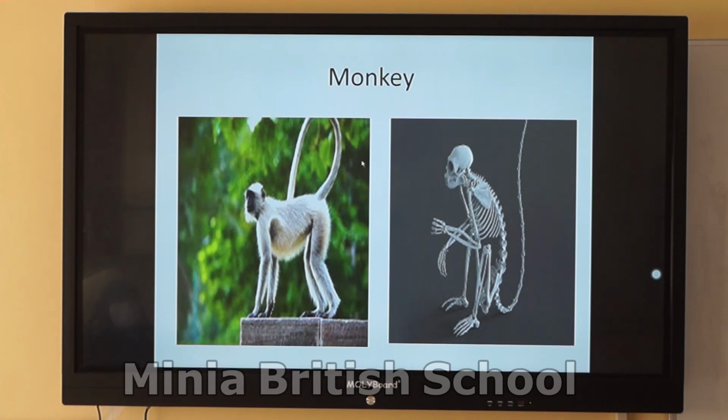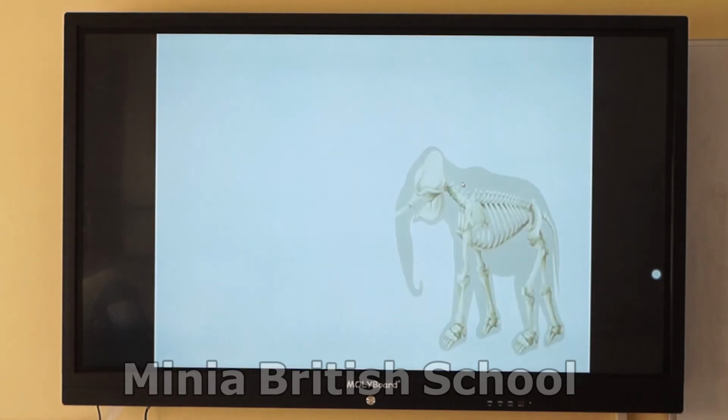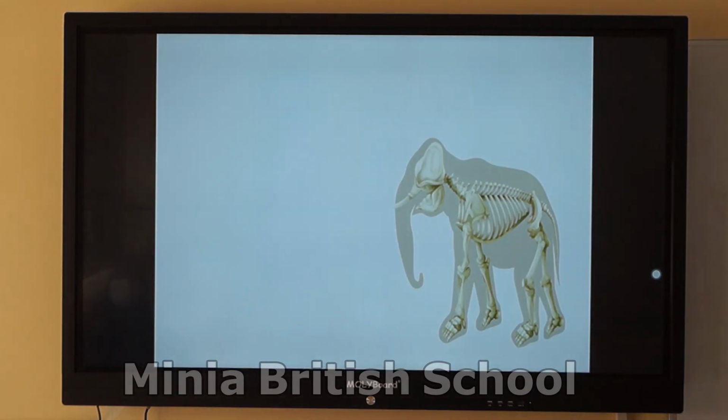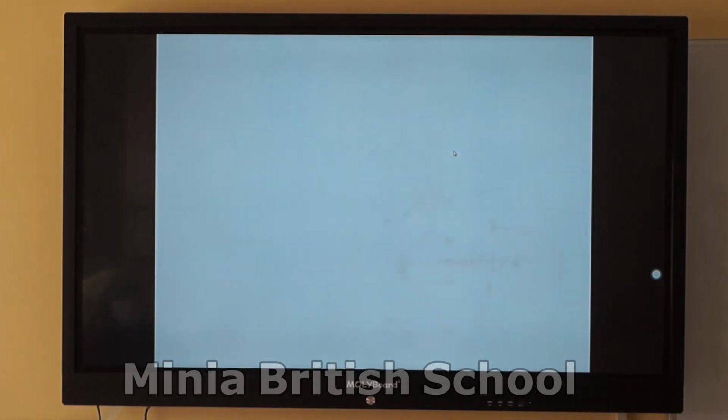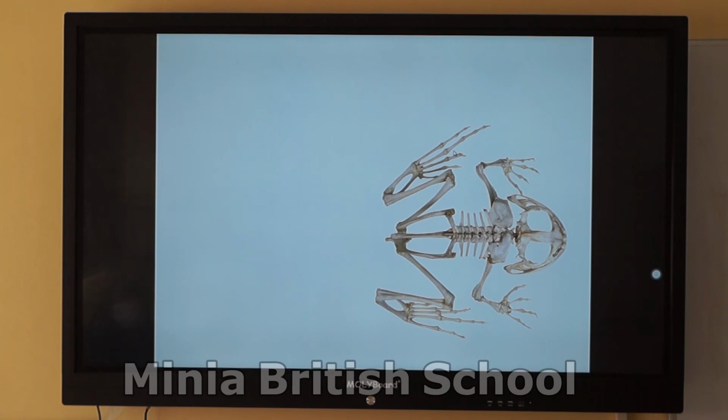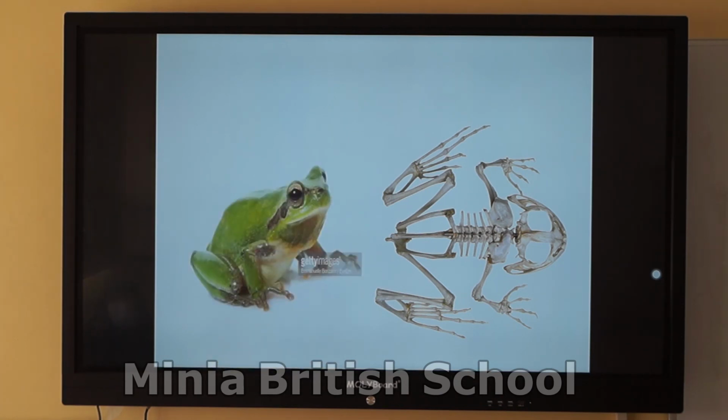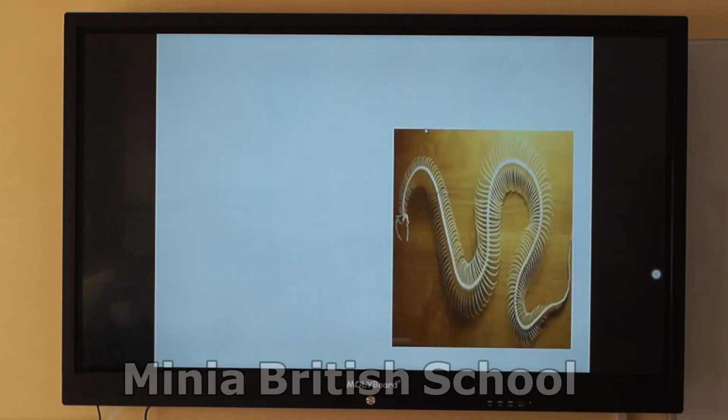Another animal. Okay, this is the monkey. Skeleton of the monkey. It's very easy. This is the skeleton of an elephant. Yes, elephant. Can you guess what is this skeleton? I think this is the skeleton of a frog. Let's see. Yes, it is the skeleton of a frog. Wow. What's this?